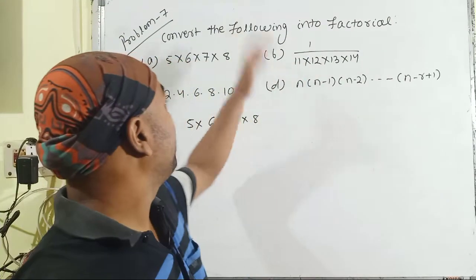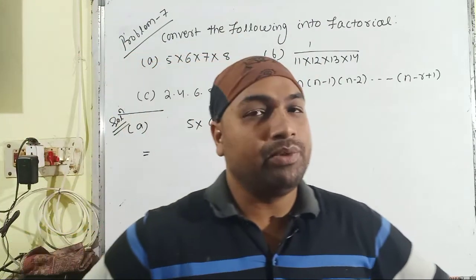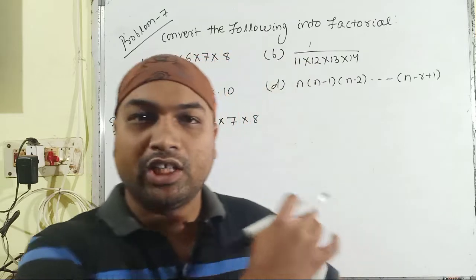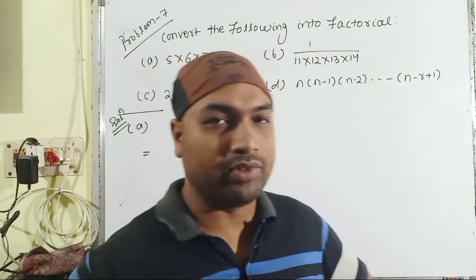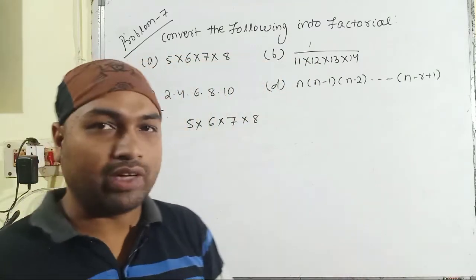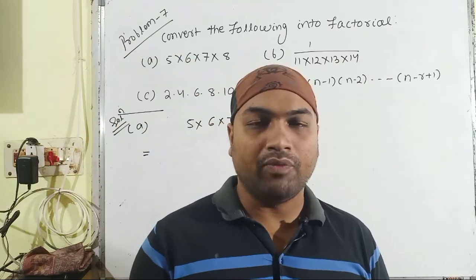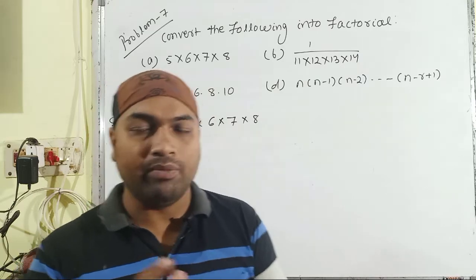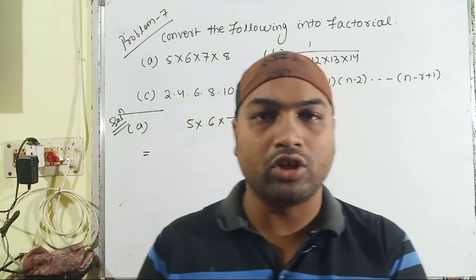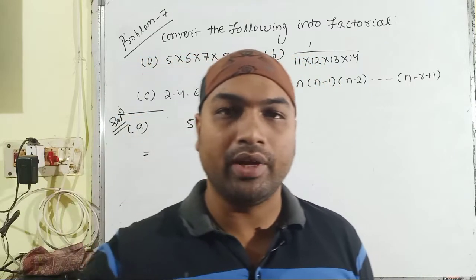So here it is problem number 7, and in problem number 7 it has been asked to convert the following expressions into factorial form. That means those bits are not in factorial form, we have to convert them. But again, repeating the definition: n factorial means the continued product of all the terms starting from 1 up to that given number n.